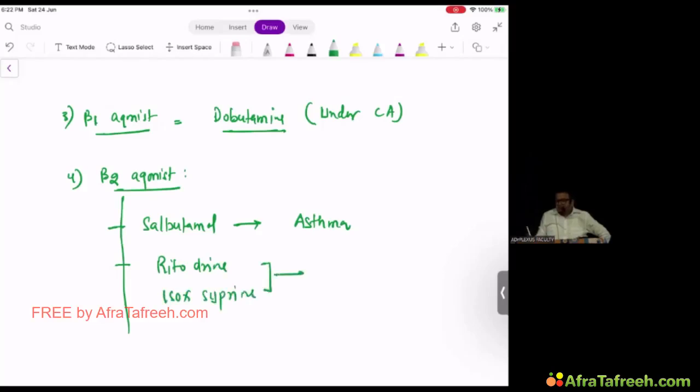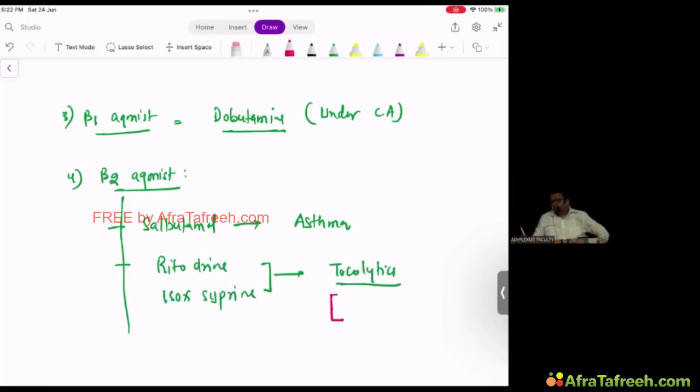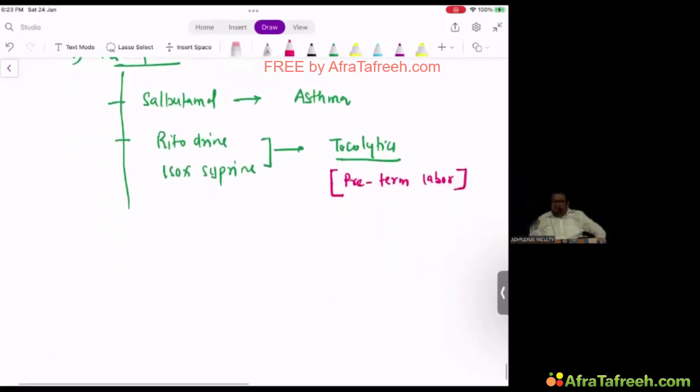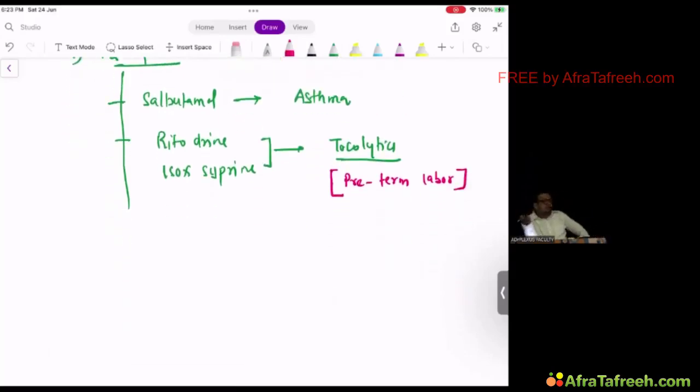Ritodrine and isoxsuprine are used as tocolytics, and tocolytics are used for tocolysis, relaxation of the uterus. Why do you want to relax the uterus? For preterm labor. This will be covered in detail in OBG.